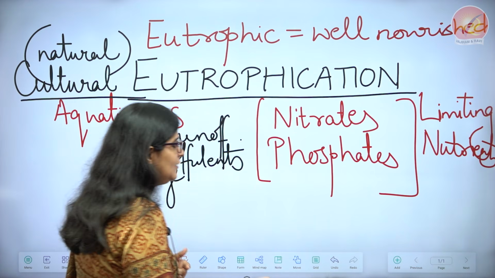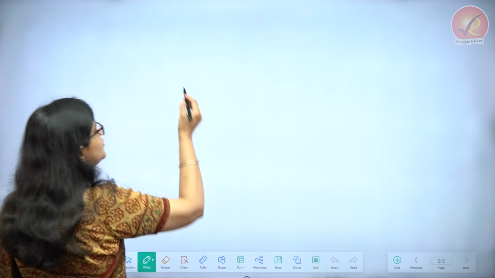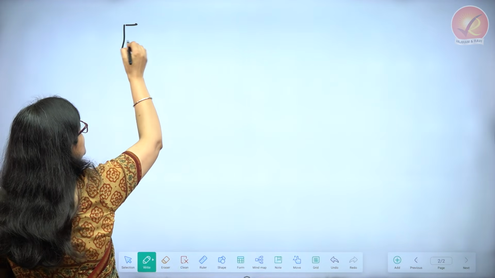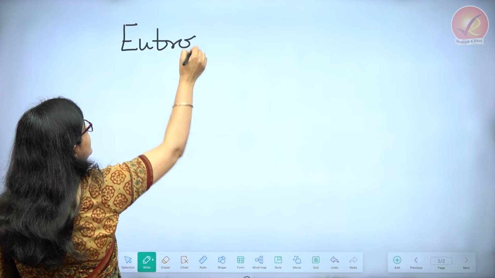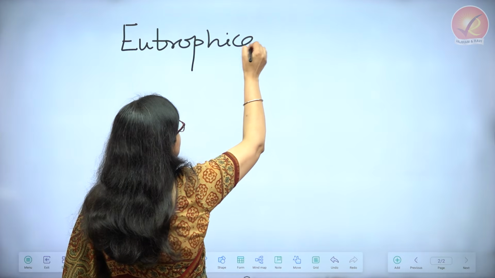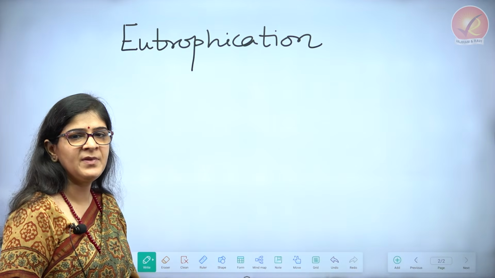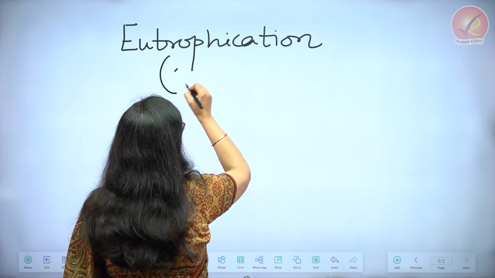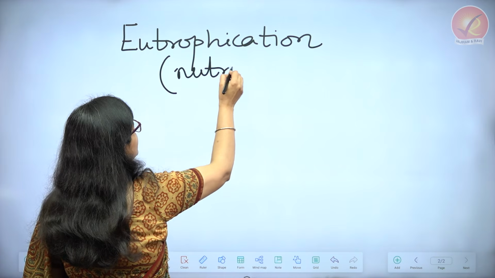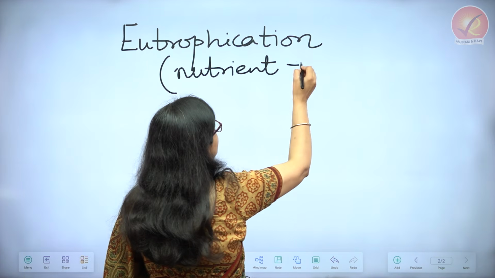Now let's understand how the process progresses once there is going to be this nutrient enrichment. So eutrophication is nutrient enrichment. So how does the process progress further for that ecosystem? Once there is nutrient enrichment, the primary productivity of that ecosystem will shoot up.